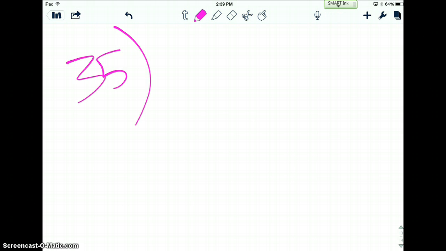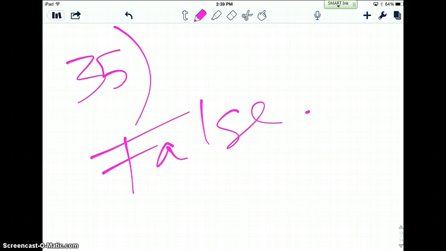And 35, AE and BC are skew. What are you thinking? Hopefully you said false. Now you need a reason. Why are they not skew?